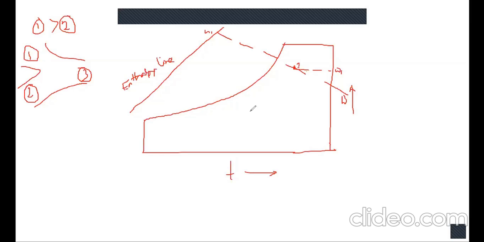So suppose state 2 is somewhere here. This is our specific humidity omega 2 and corresponding enthalpy H2.